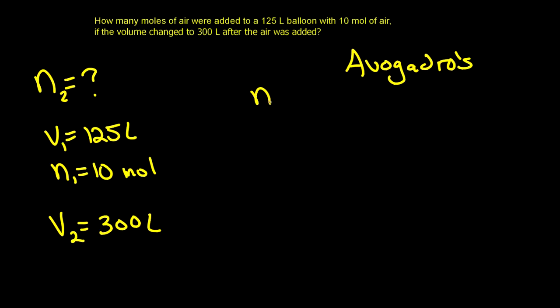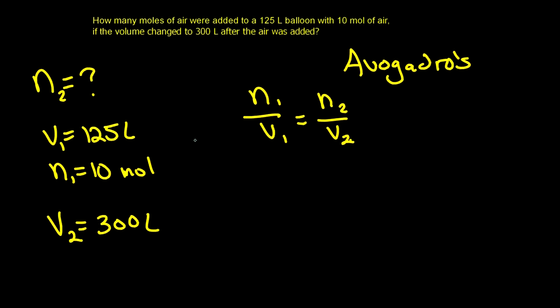So Avogadro's law is moles over volume set equal to the new moles over the new volume. So let's plug those values in. So N1 is 10, V1 is 125, N2 is what I'm looking for, V2 is 300.